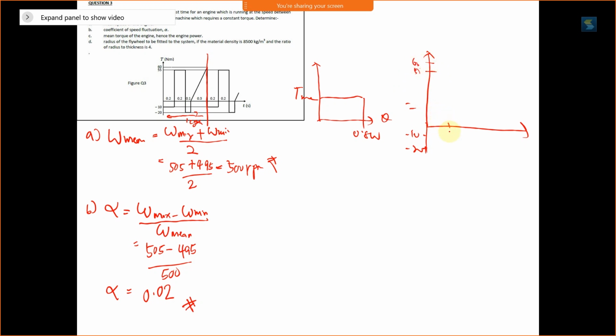So here we have 0.2, starting at -10 and then going up to 55, back to -20. Okay, and then here 0.1 goes up again and then goes to 60, and then stops here. So here 0.2 omega, 0.2 omega, 0.1 omega and 0.3 omega. So that is our area.